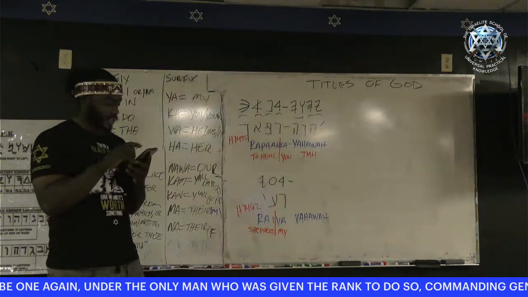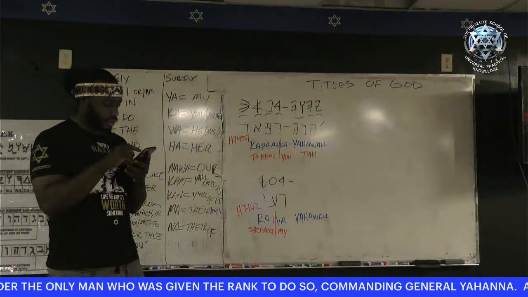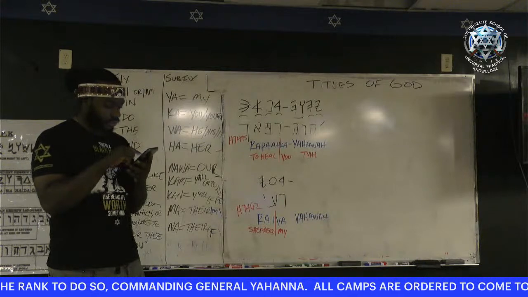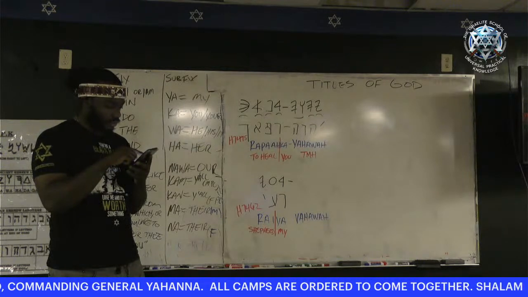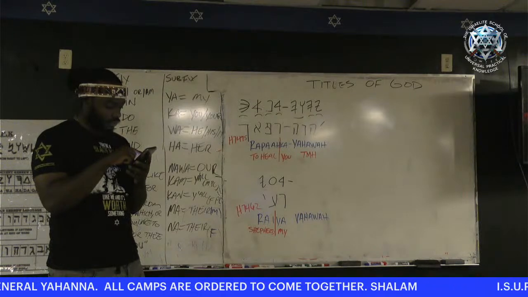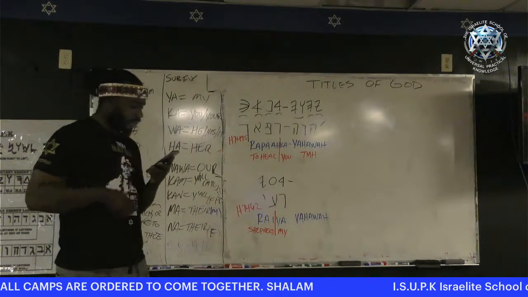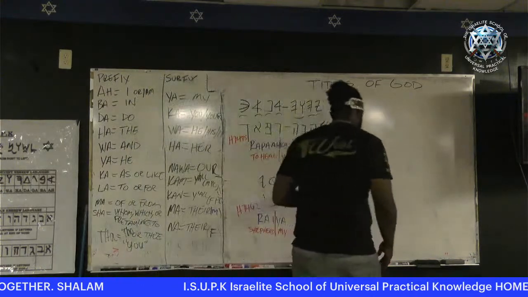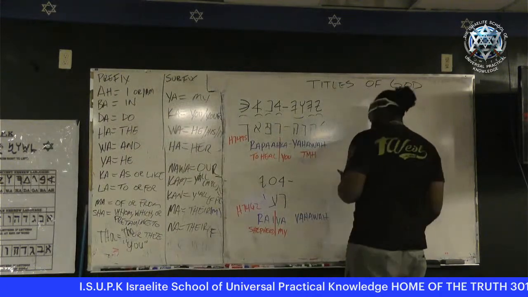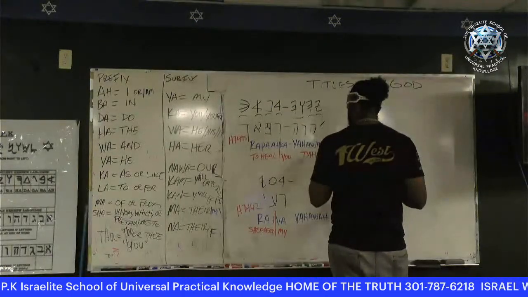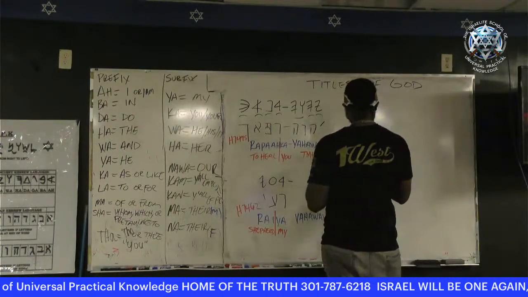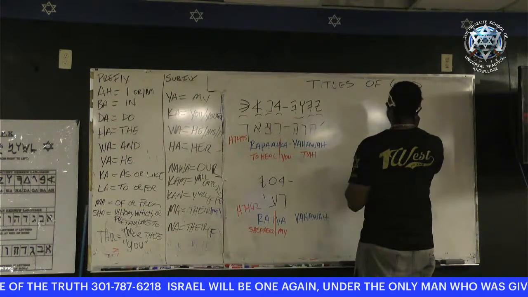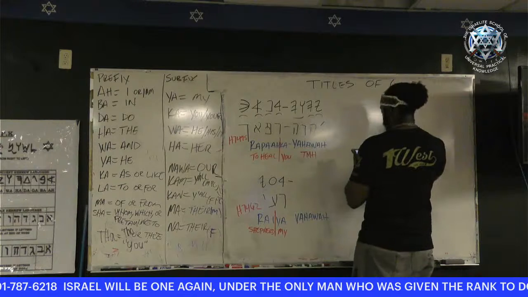Hold on one second. Actually, you're going to read 5 and 6. Hold on one second. All right, so it's the same thing. The first half is the same. I'm just going to write the second half, okay?